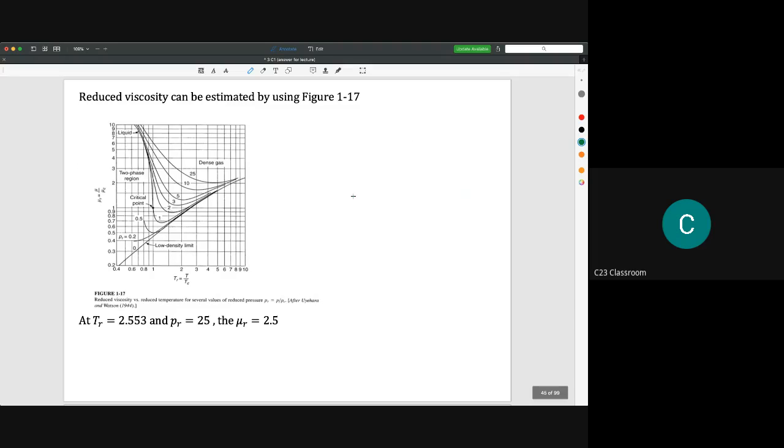And then by using this table, we can estimate the reduced viscosity by using the figure of 1.7 of this one. Okay, so the idea is we have TR is 2.5, so maybe it is around here.